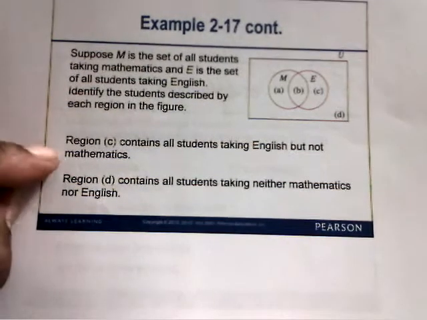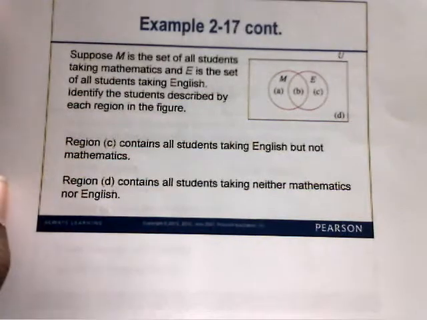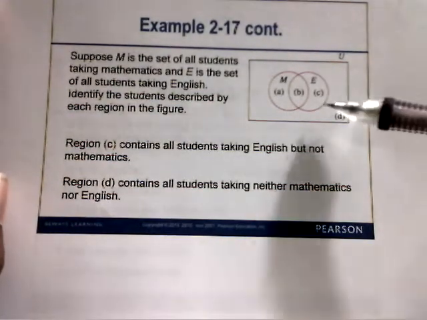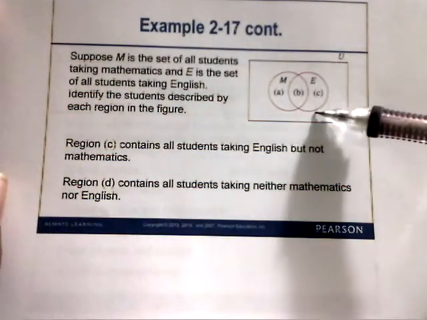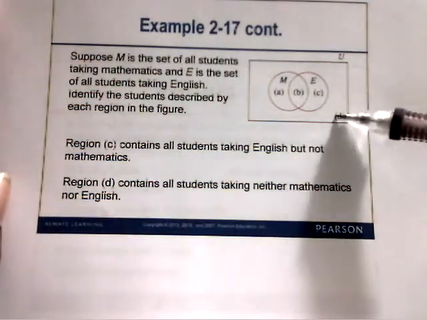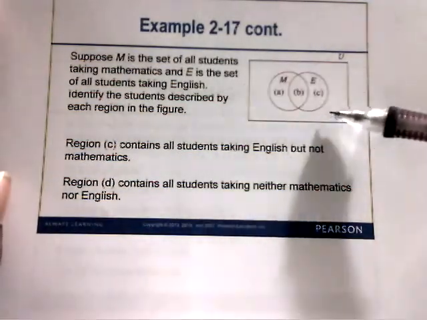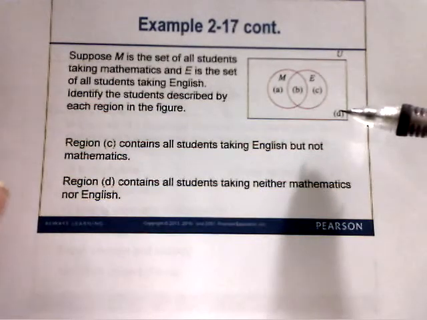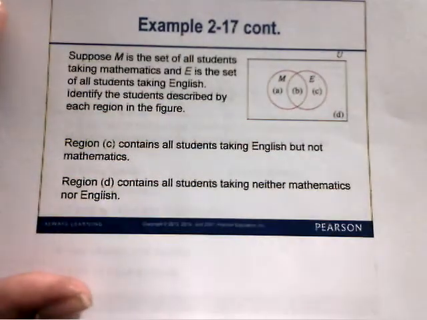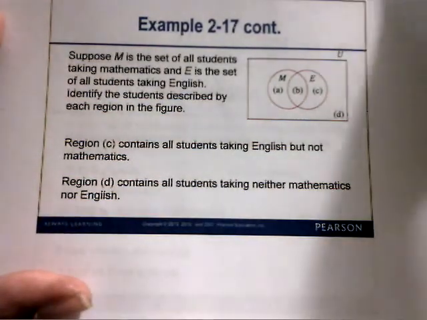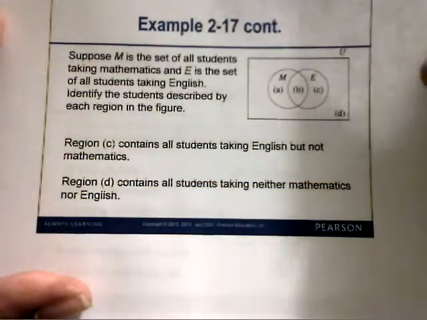All students taking English but not mathematics. That's this region right here. Now region D, that's this part on the outside, that's all students taking neither math nor English. Okay, so that's the representation of a Venn diagram.